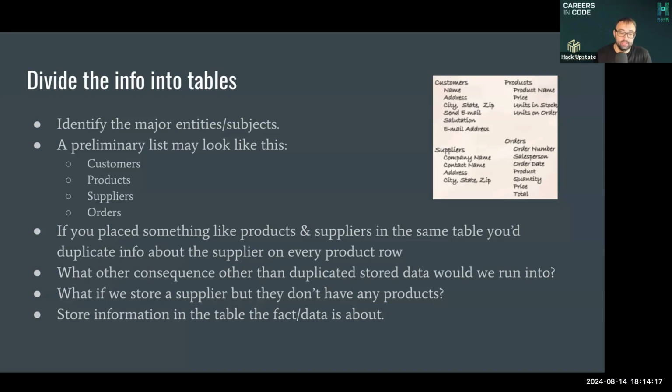So for something like products, we wouldn't want to store something in there like city, state, zip, because we would want that obviously to be part of either the supplier's table or the customer's table. I think that's just common sense. I have no idea why I felt the need to move that into another bullet point.